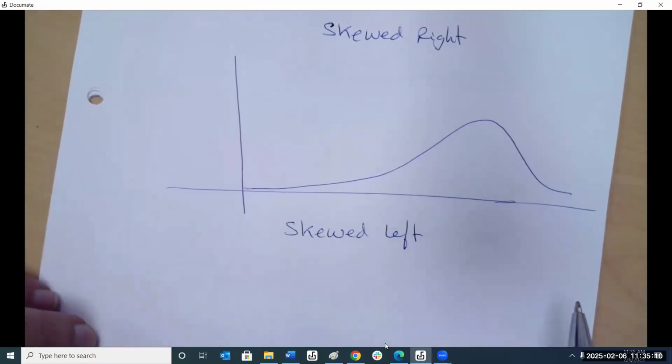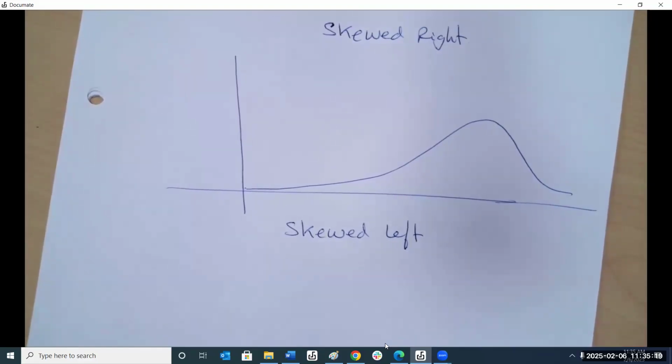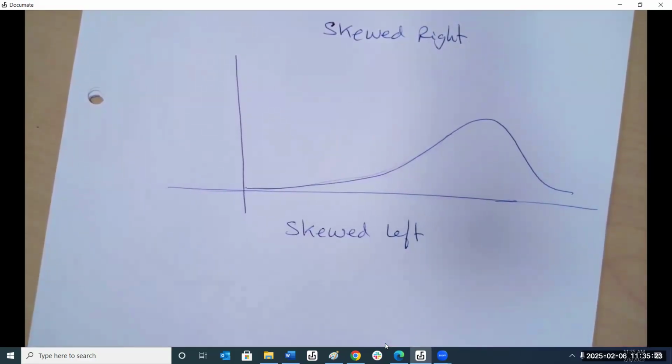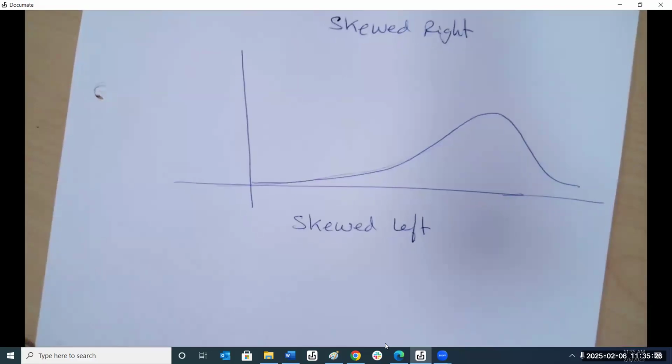This one is called skewed left. Now, the easiest way to memorize this, what happens here is because we're looking at where it tapers off. It tapers off on the left side. But again, that's a whole bunch more words you have to learn.